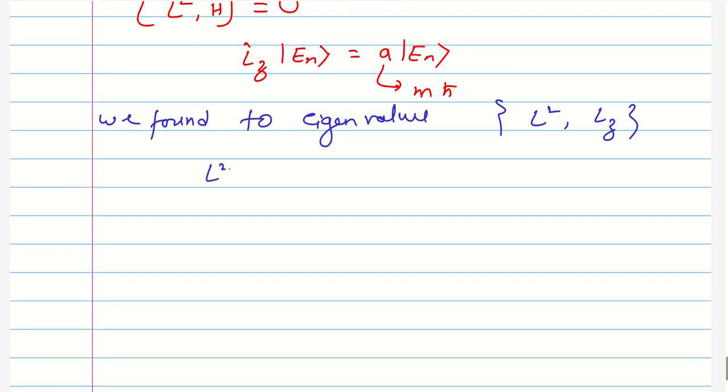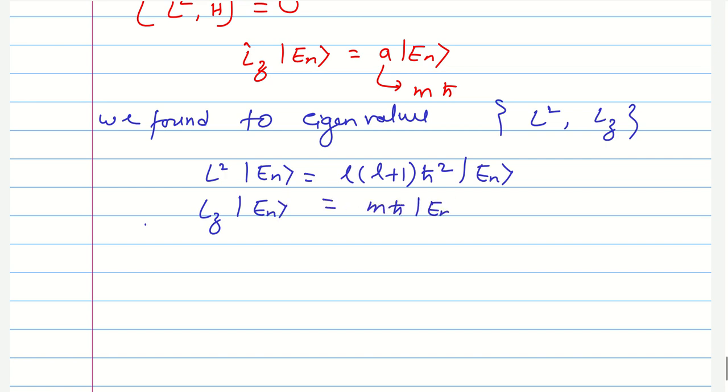So corresponding to L square, we have L plus 1 h cross square, and corresponding to Lz, we have mh cross. So what remains is to find the eigenvalue corresponding to Hamiltonian operator. So this is remaining. So we have to find this one.